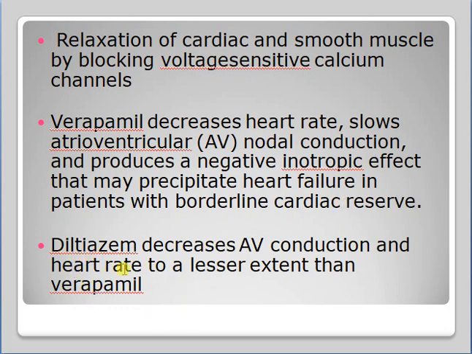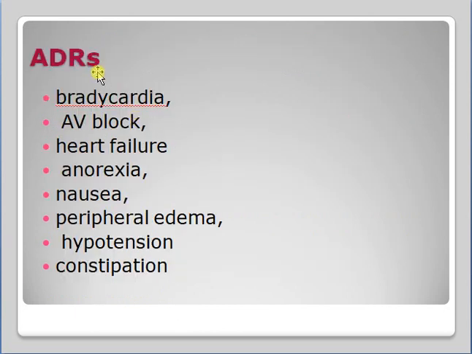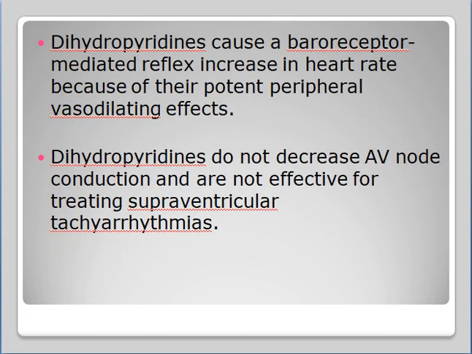As compared to verapamil, it is a less active drug, and it shows its mechanism to a lesser extent. Then the adverse effects associated with diltiazem and verapamil are bradycardia, AV block, heart failure, anorexia, nausea, peripheral edema, hypotension, and constipation.